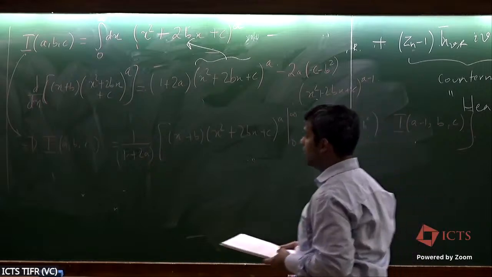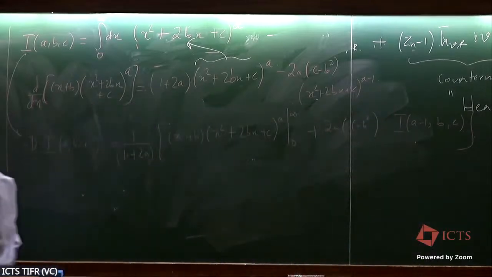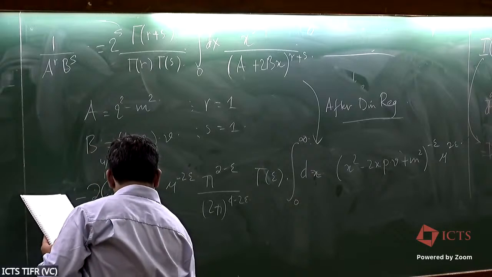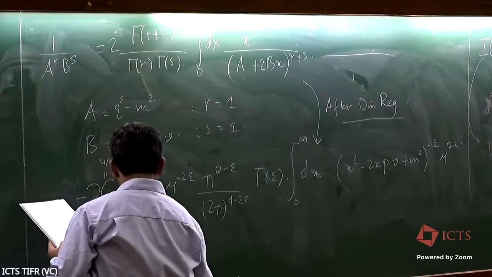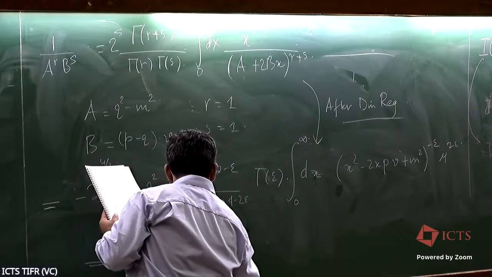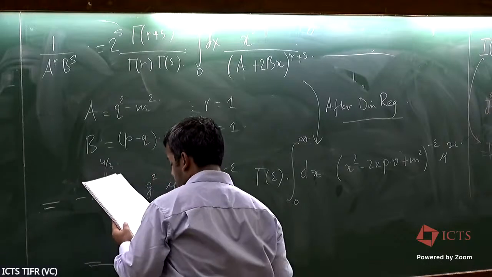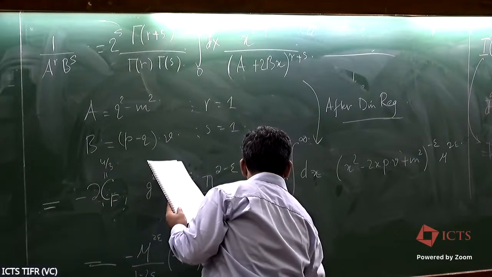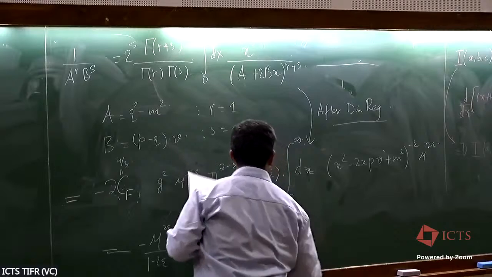a finite term from this integral. I'll just write the result now, which is minus mu raised to 2 epsilon, 1 minus 2 epsilon, minus p dot v, m squared minus epsilon, minus 2 epsilon, plus order epsilon terms.